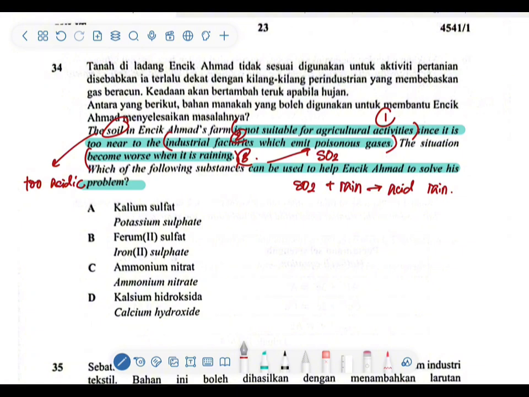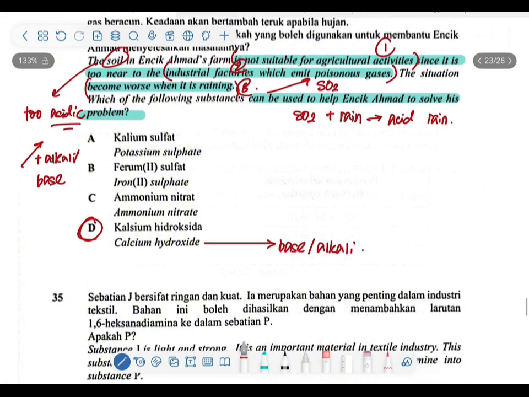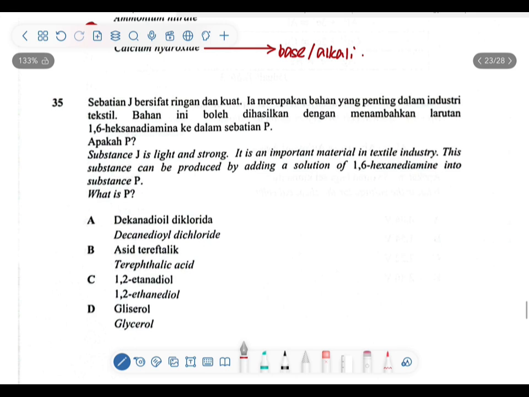So in order to solve this situation, since the soil is too acidic, we are going to add some alkali or base in order to neutralize the acidic condition. So among A, B, C, and D, we are going to add the calcium hydroxide, which is actually a base, so that it can neutralize the acidic condition in the soil. So D will be the answer.